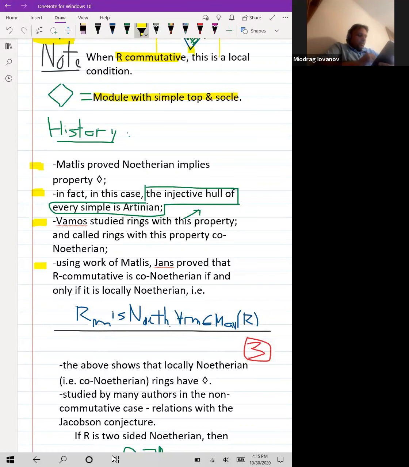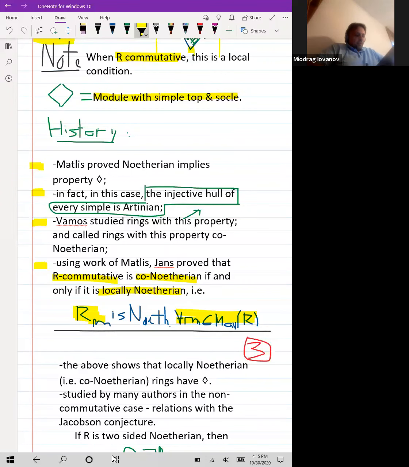And then using work of Matlis, Jans proved that a commutative ring, again everything is commutative, is co-Noetherian if and only if it is locally Noetherian, in the sense that the localization at every maximal ideal is Noetherian.